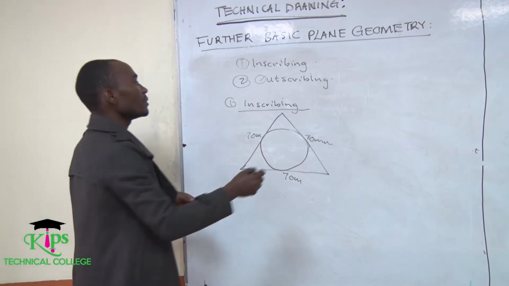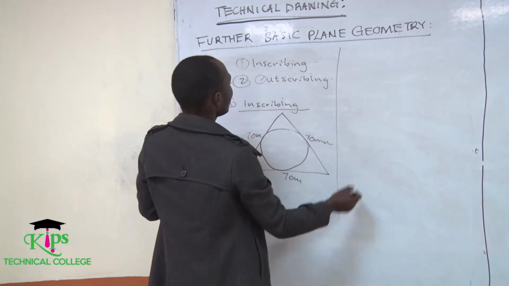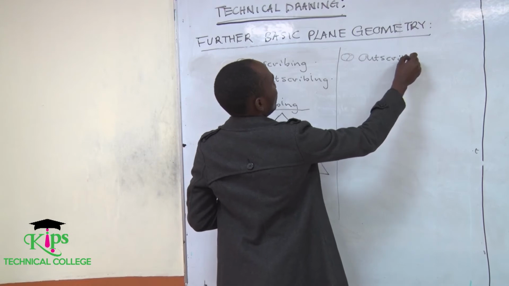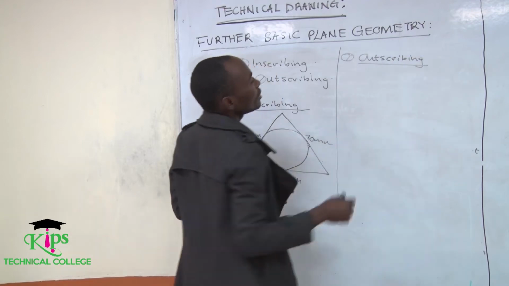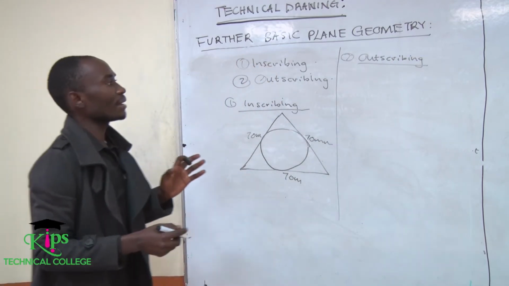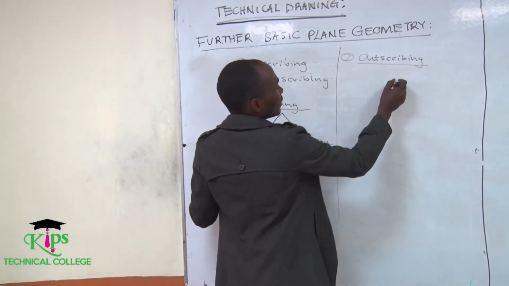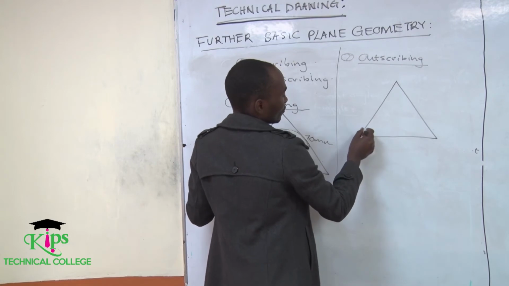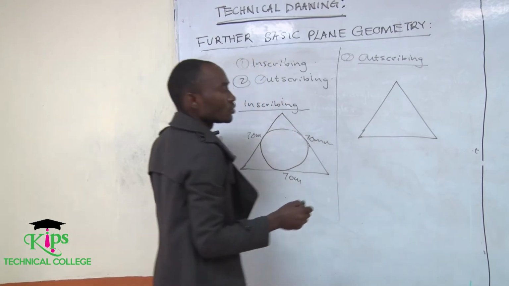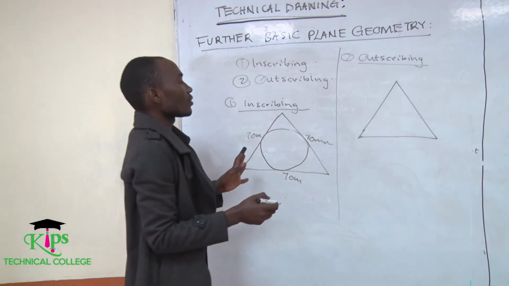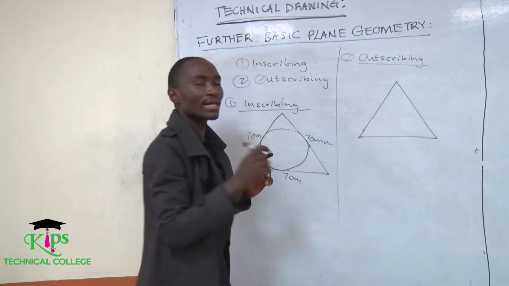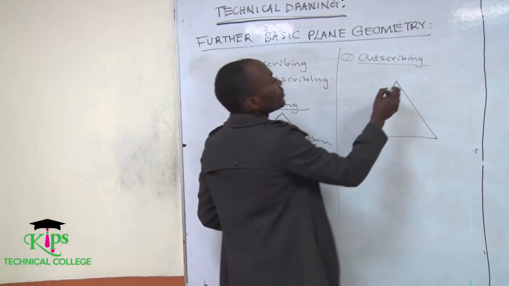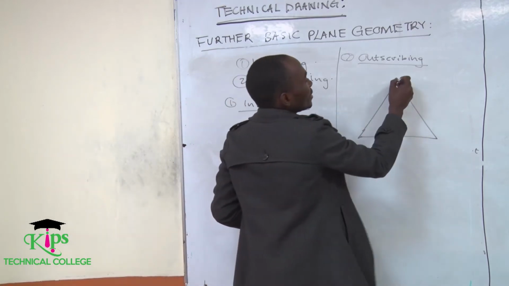So what do we mean by the other terminology, which is outscribing? Outscribing, for instance, if you have been given a triangle like this, you are being told that any circle that you draw should touch the apex.